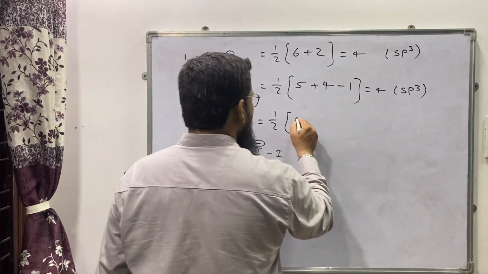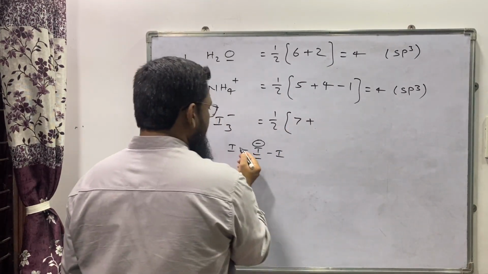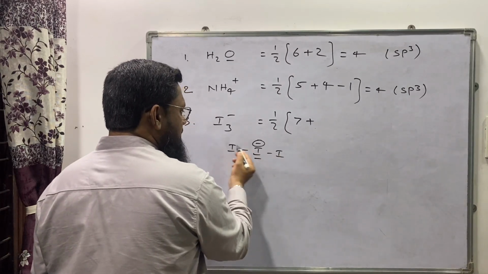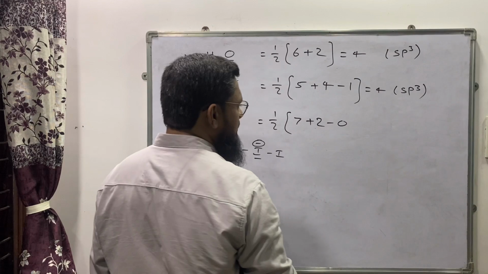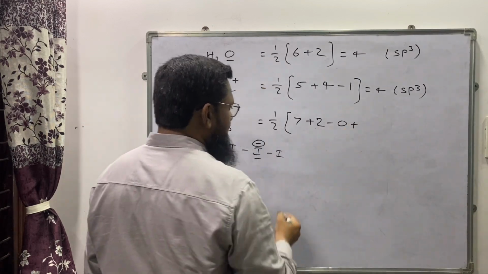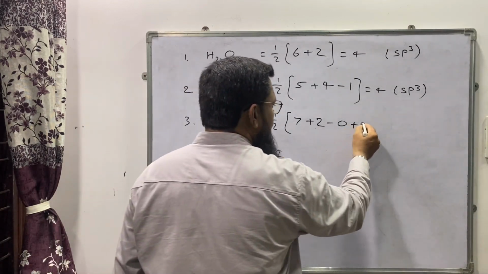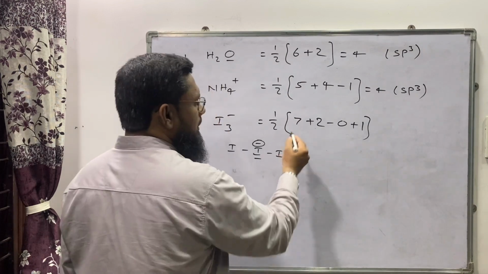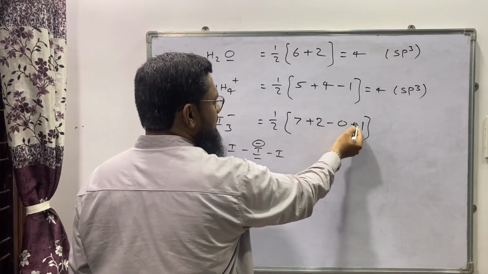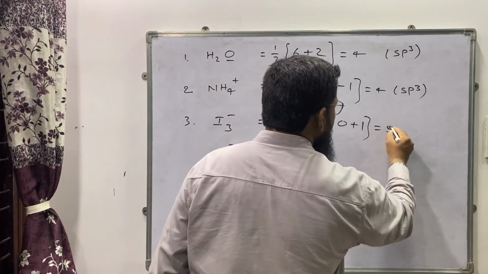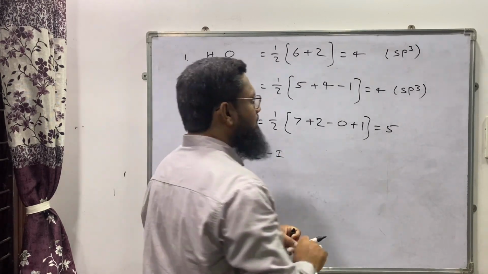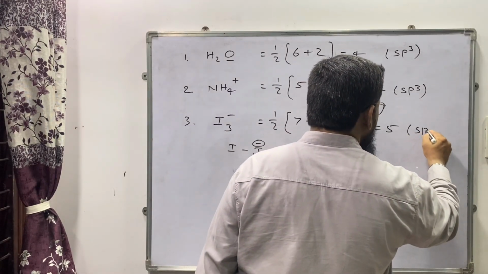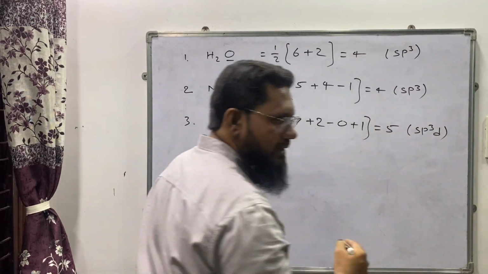Bonded atoms we are having the 2. We don't have the positive charges. A is the charge on anion, so we have one negative charge. So 7 plus 2, 9, 9 plus 1, 10. 10 by 2 means 5. So here 5 means sp1, p2, p3, d1. So here hybridization is sp3d hybridization.